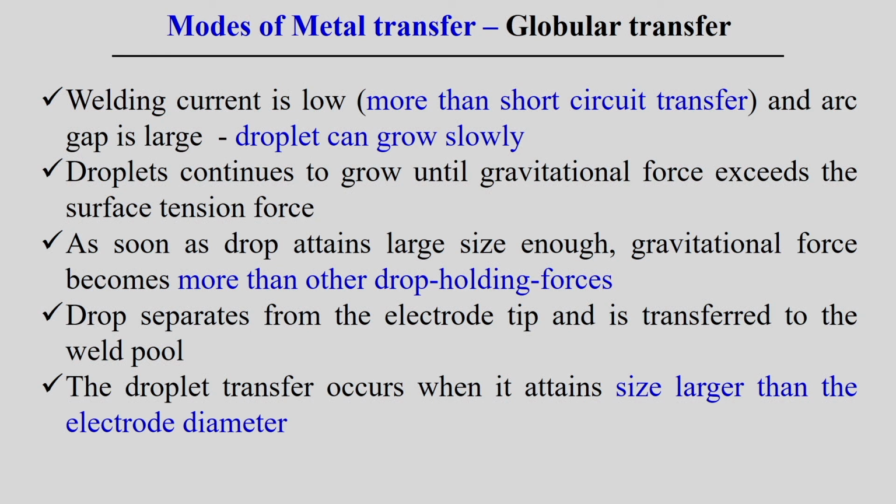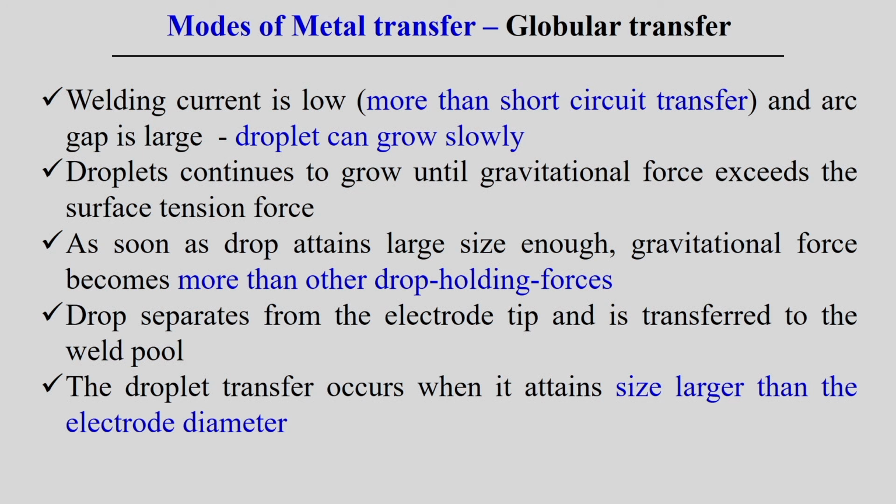Once the drop separates from the electrode tip and is transferred to the weld pool, the gravitational force is more than the drop holding forces. The droplet transfer occurs when it attains a large size, larger than the electrode diameter. Normally the gravitational force is more active here because the size is relatively bigger.